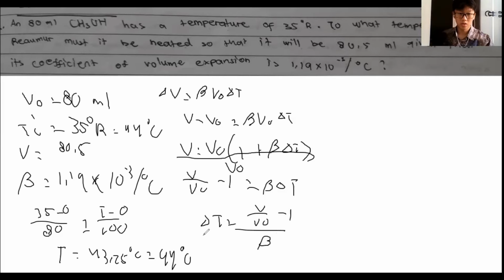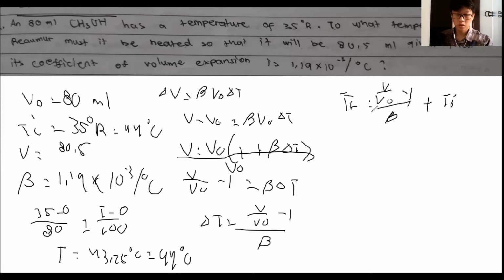And since delta T is the difference between the final temperature and the initial temperature, so the final temperature will be V. Let me write in a bigger space. So final temperature is that plus initial temperature.